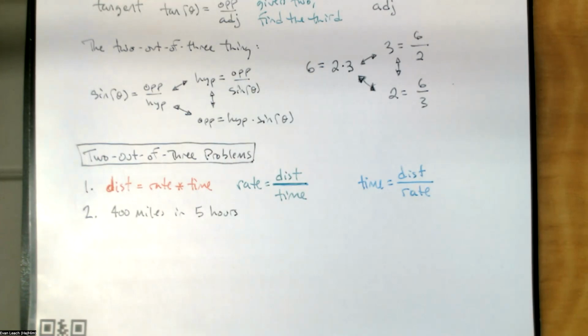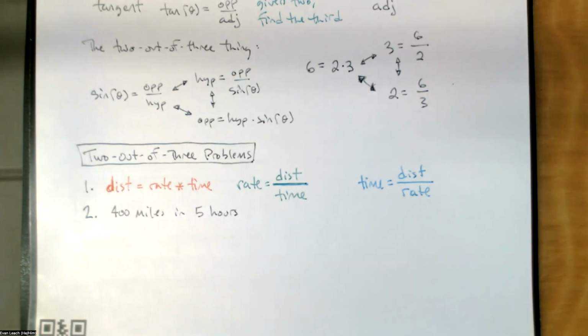What am I going to do with these two numbers? Find the rate, and what operation am I going to perform? We're going to divide. What divided by what? 400 divided by 5. And what will that give us? 80. And what are 80 what? Miles per hour. Perfect.